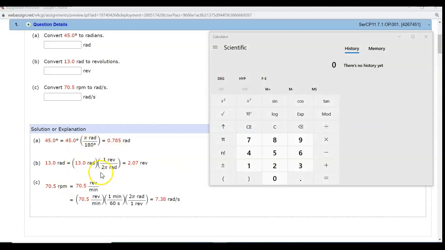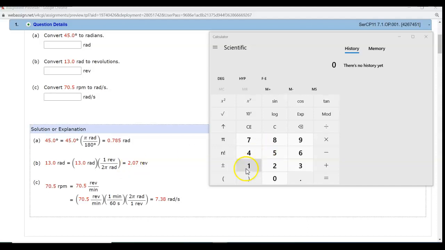Okay, so with each of these, we're really just setting up a ratio to find out what percentage this is of the total ratio. So here we have 13 radians to 1 revolution per 2 pi radians, which is a full circle, or 1 revolution.